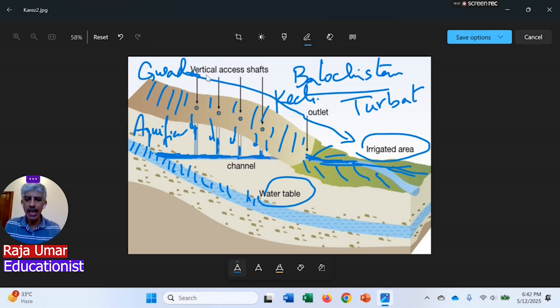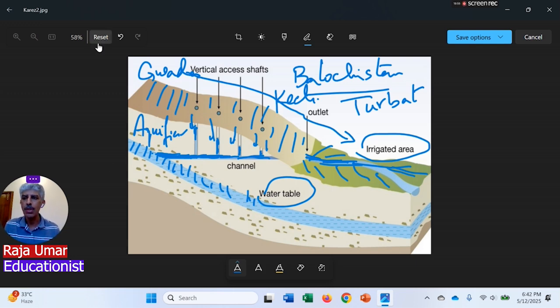In those areas there is a deficiency of grass even for the animals, so they grow grass using this irrigation method, what we call the Karez system. They grow grass and sell it to those people who are rearing animals, whether goats or sheep or some other bigger animals.